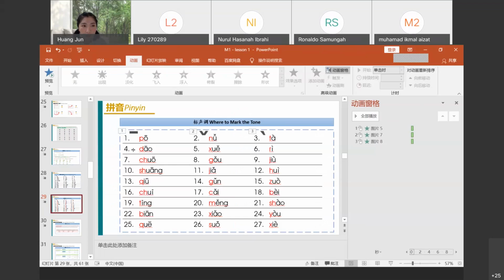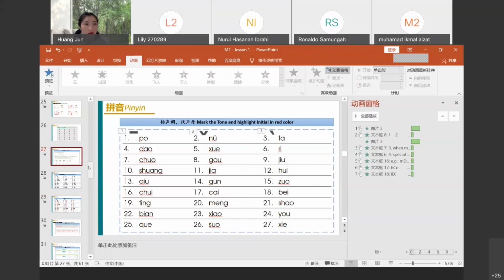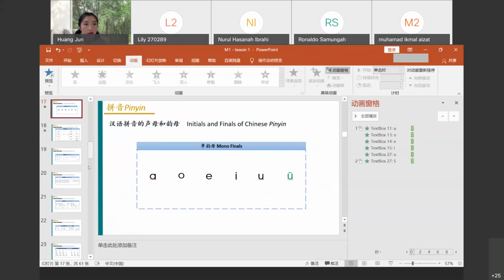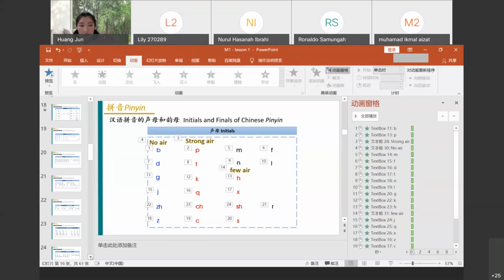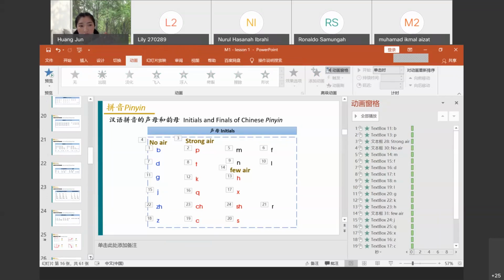So when you check over here, initials only appear in this slide when I'm showing you. They are initials. See, they are initials over here. These letters are supposed to be initials, but only when they are put in the beginning of the syllable. If they are put in the end, they will not be initial. Initial is the beginning, the start. So we are asking which letter the syllable is starting with.